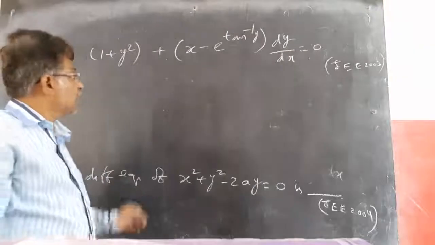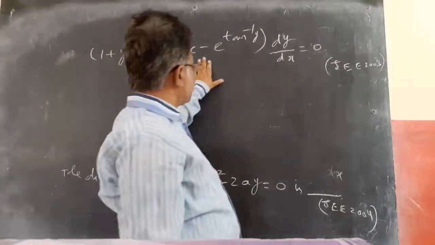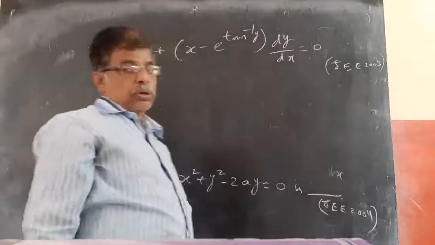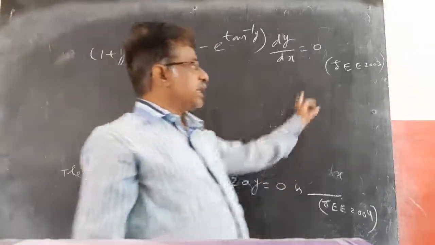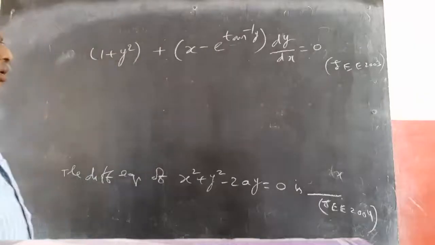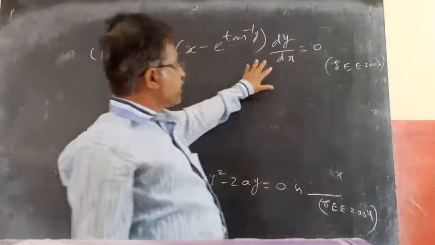Next sum. (1 plus y square) plus (x minus e power tan inverse y) into dy by dx equal to 0. Then the general solution is asked, given in JEE 2003. So if you observe this, how can you convert this? Is it variable separable?